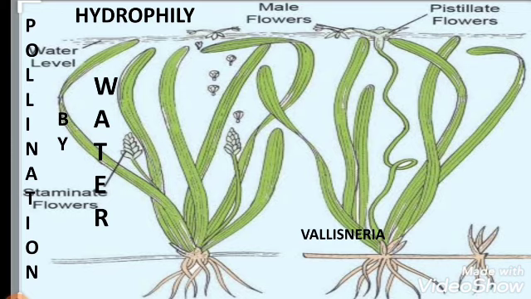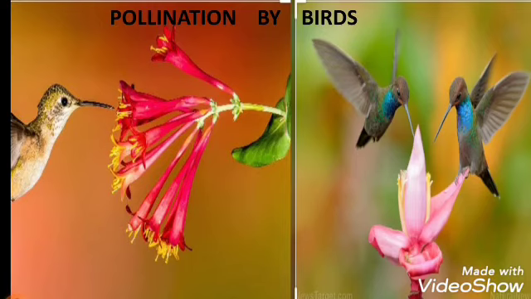The last type of pollination is pollination by birds or animals. When they visit the flower, the pollen grains get stuck to the body, and while flying or moving to another plant, pollination takes place. Clear, children?